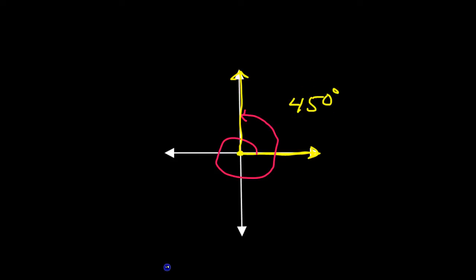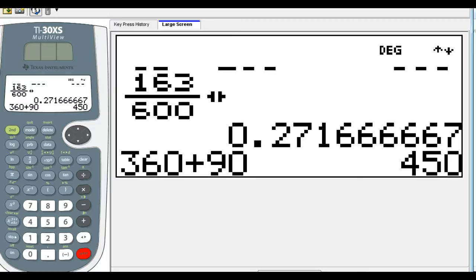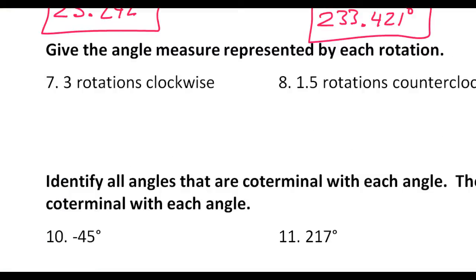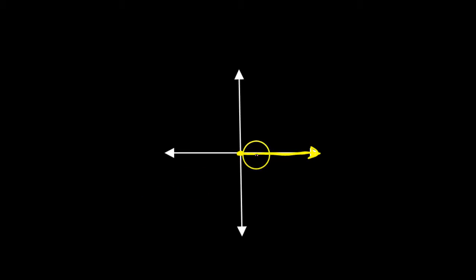Now let's get back to the actual assignment. For number 7, we're supposed to give the angle measure represented by 3 rotations clockwise. First of all, please remember that a clockwise rotation is actually going to give us a negative angle. So if I go clockwise 1 rotation, that's negative 360 degrees so far.